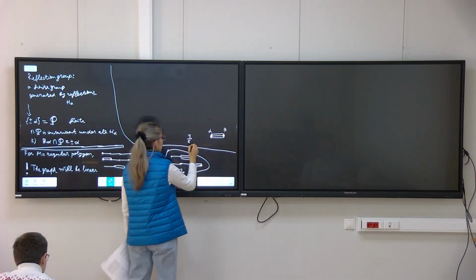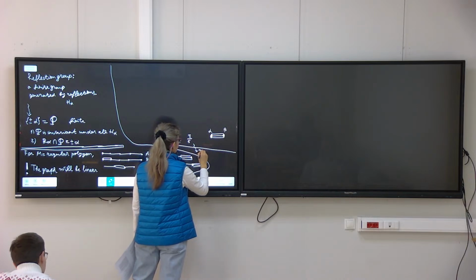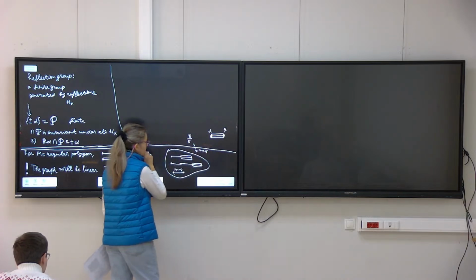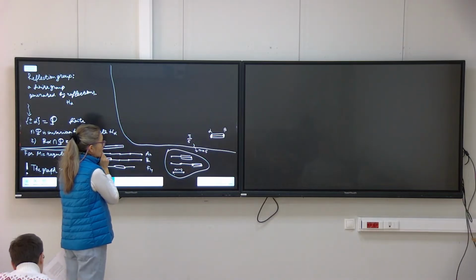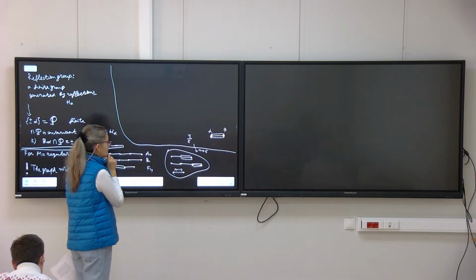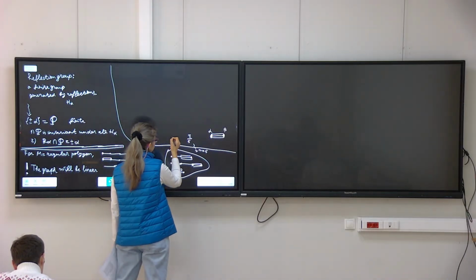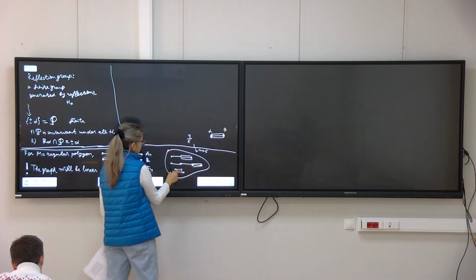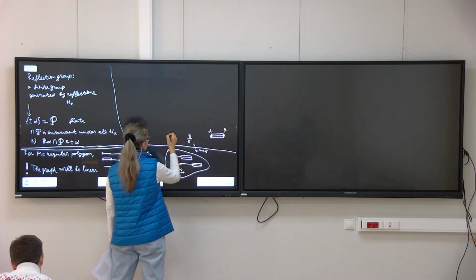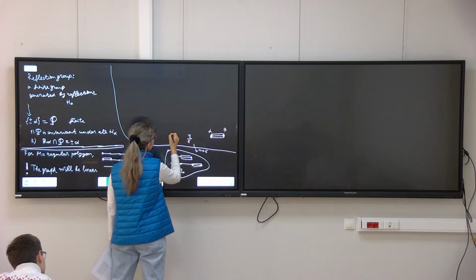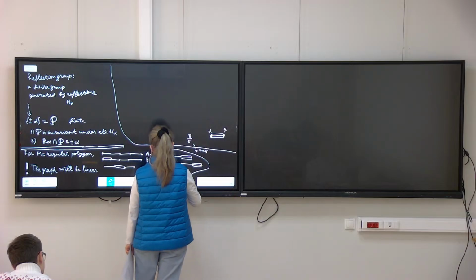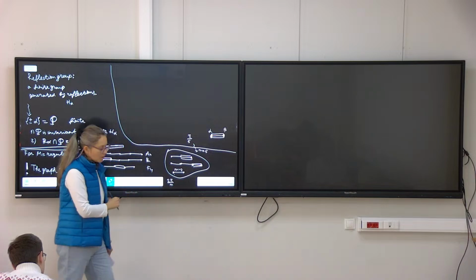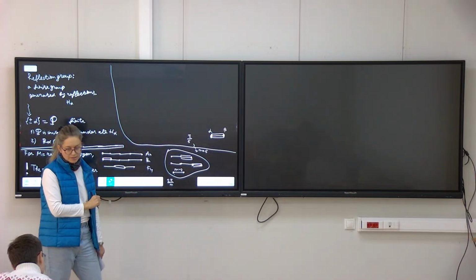So when we pass here, we get m equal to 6. So what does it mean if we have two reflections with the angle 2 pi over m? It means that the angle between the mirrors is pi over m.